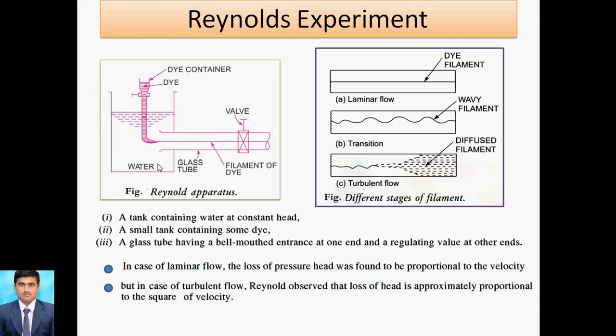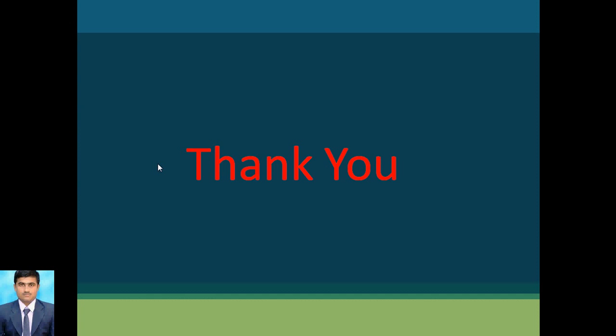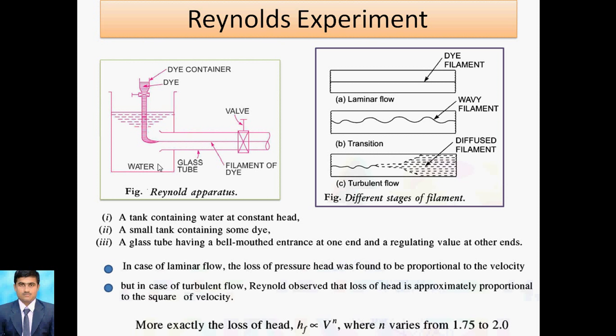Next, for turbulent flow, Reynolds observed that the loss of head is approximately proportional to the square of velocity. Mostly the loss of head, that is hf, is proportional to V to the power n, where n varies from 1.75 to 2.